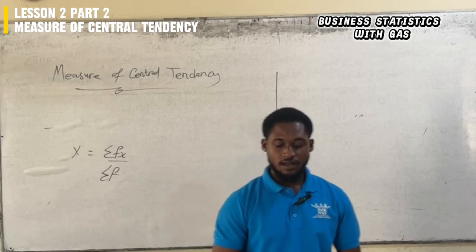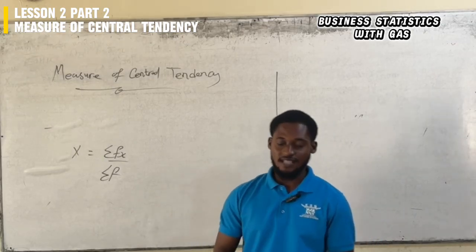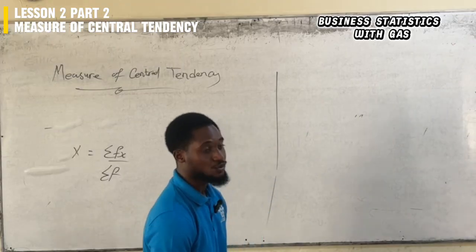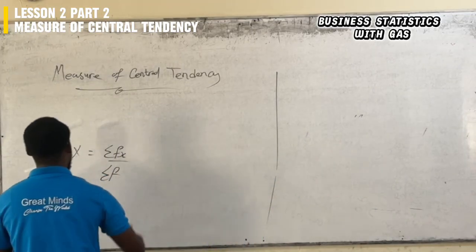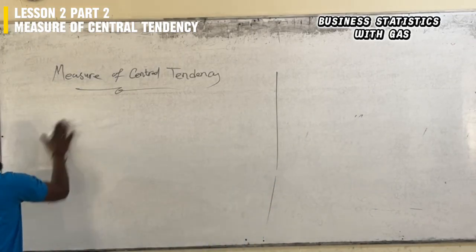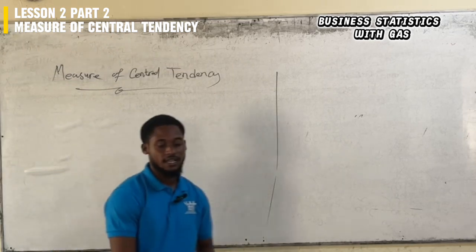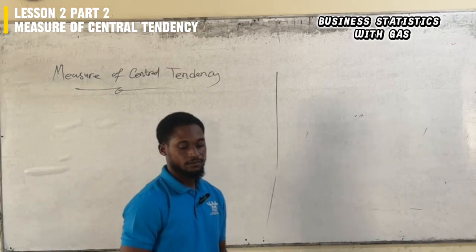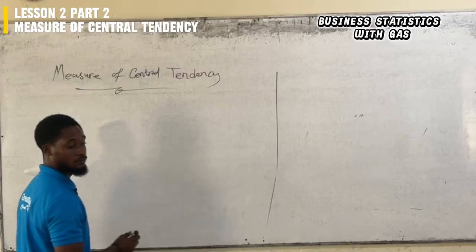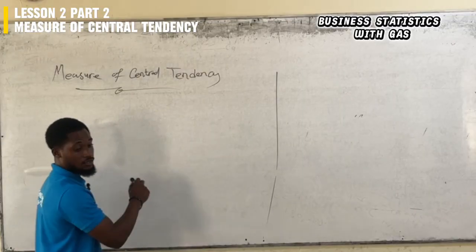So now we are going to solve an example on how to get our x and how to get our fx. So now let's draw our table.